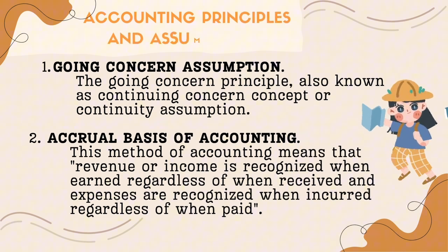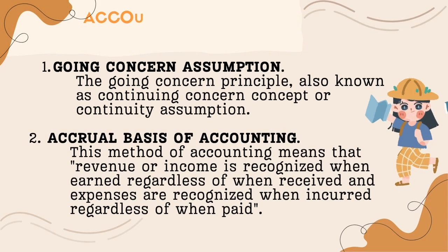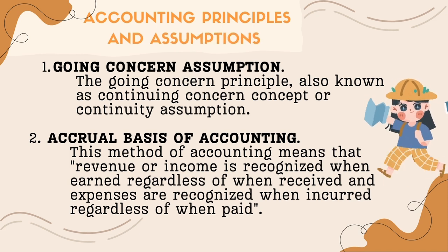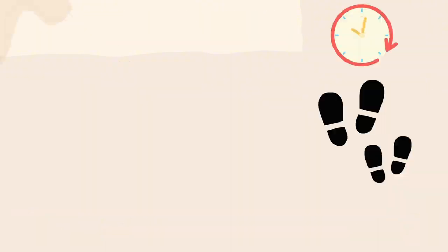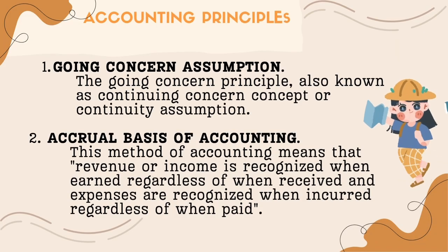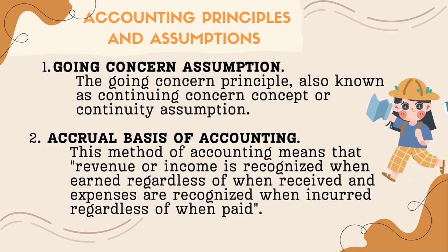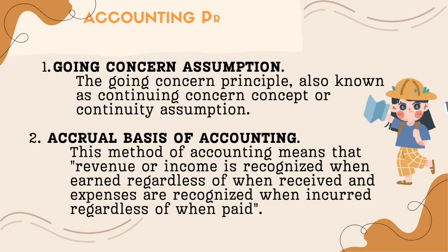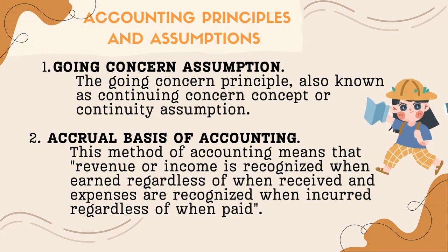In summary class, accrual basis of accounting is important because it gives a more accurate picture of how your business is doing by matching income and expenses to the time period they relate to. In summary again, the accrual basis is like keeping track of what you have earned and what you owe as soon as it happens, rather than waiting until the money goes out of your hand.